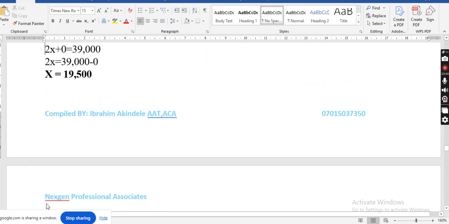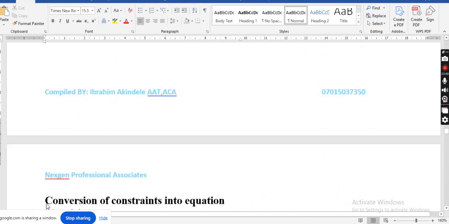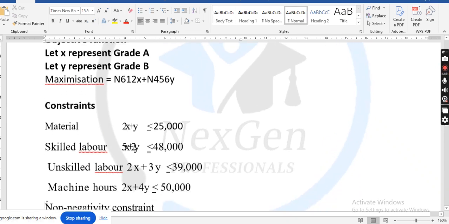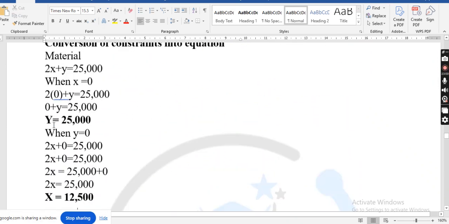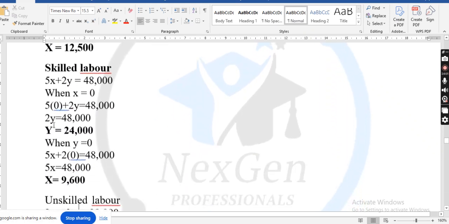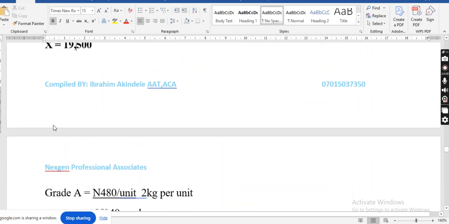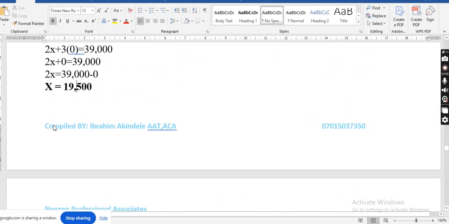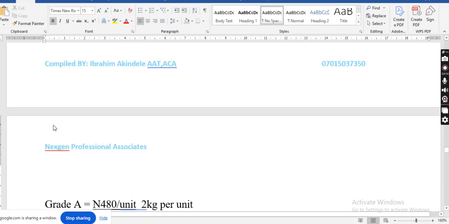The last one, the next constraint, is machine hours. Right? So don't forget that ideally after equating everything to 0, we're supposed to use it to plot our graph so that we can get our production plan. But we'll not do that, we'll just pick it from the constraints. Right?